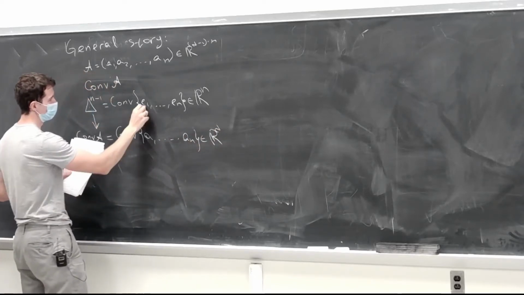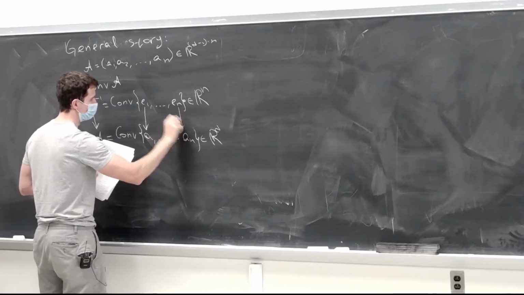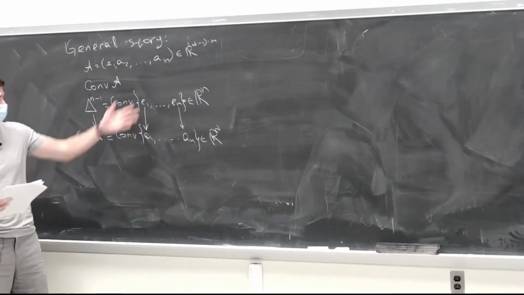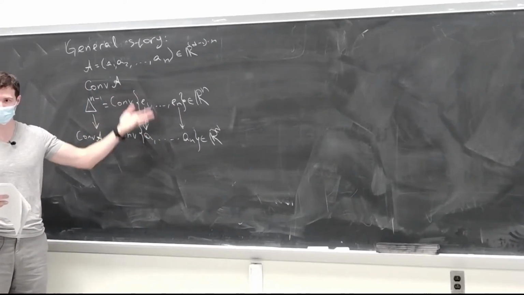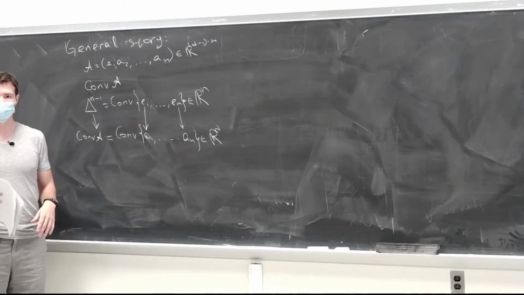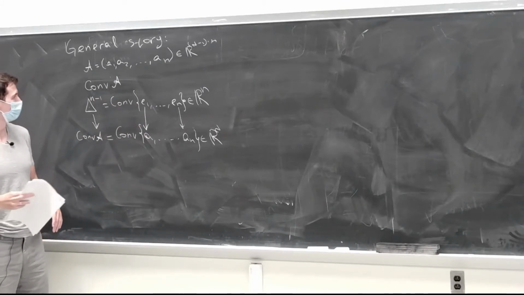How do you project? You send E1 to A1 and E2 to A2 and so on. There's a unique projection of a simplex onto any point configuration like this.